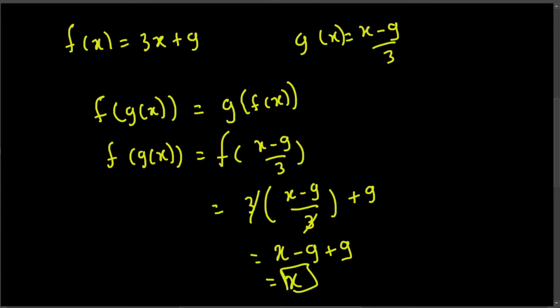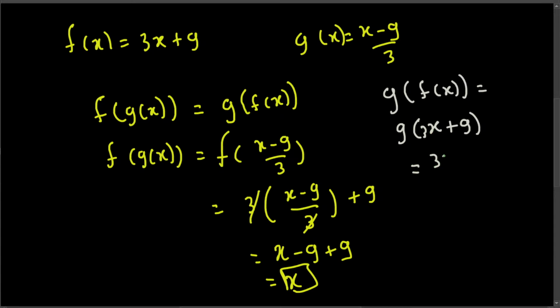Now let's try g of f of x. We know that f of x is 3x plus 9, so we can put g of 3x plus 9, and then we plug this 3x plus 9 into the equation instead of x.